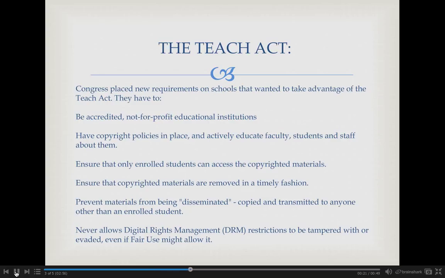They must ensure that only enrolled students can access the copyrighted material, ensure that the copyrighted material is removed in a timely fashion, and prevent materials from being downloaded, copied, and transmitted to anyone other than the enrolled student. They must never allow digital rights management restrictions to be tampered with or circumvented, even if fair use might be allowed.